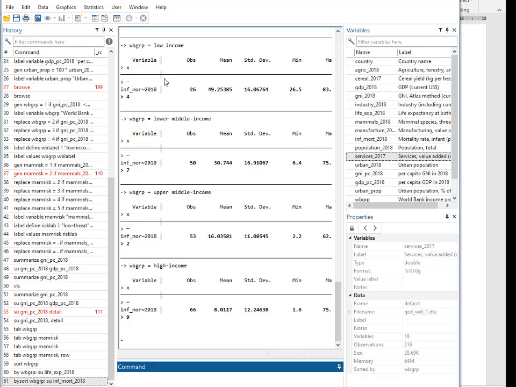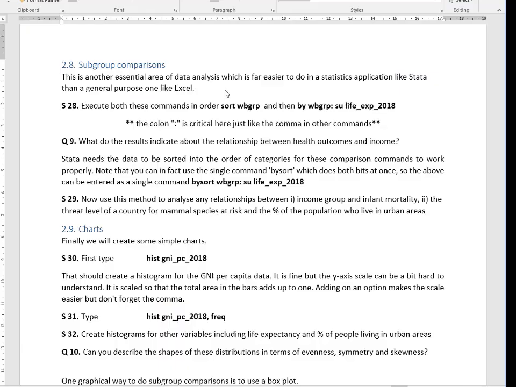Now we're looking at infant mortality, mean levels, 49, 30, 16, 8. So it's going down, as you'd expect. Even almost more dramatically than life expectancy. I mean, getting on for 50% infant mortality in the lowest income countries. Sorry, 50. 50 per, whatever it's being measured as, but a tremendous decrease.